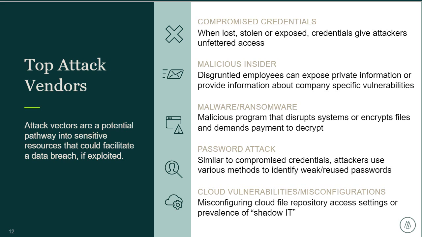So usually these vectors all share similarities, because they're all trying to, one, identify a target, and trying to get information from that target. And that target could be a system or a user, a person, things like that.